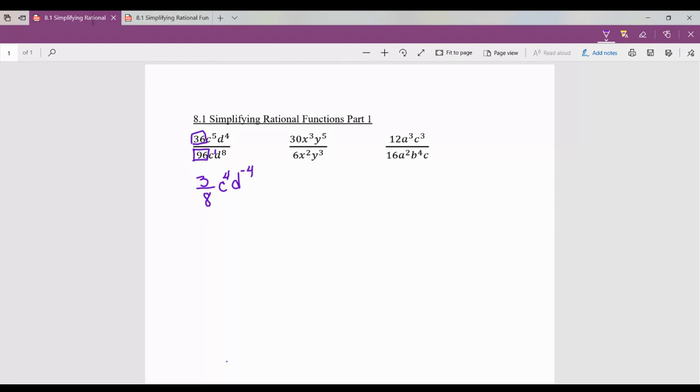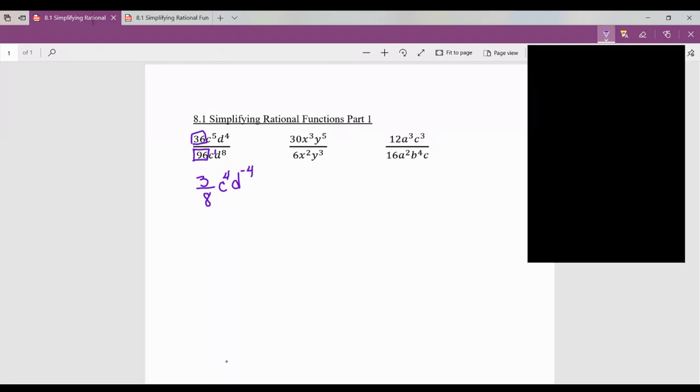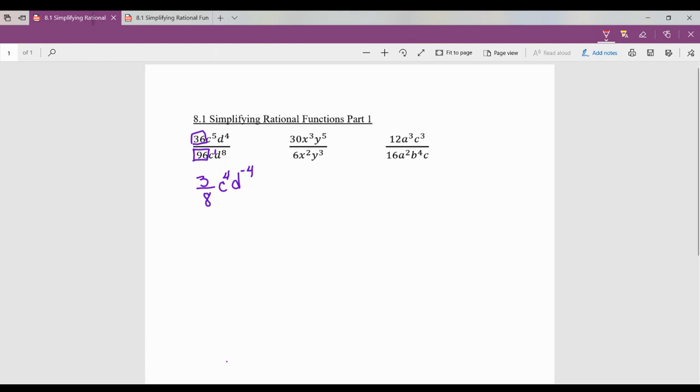All right, and then remember, we're not allowed to have those negative exponents, so we relocate that d to the 4th. So we've got 3 over 8. We're going to put d to the 4th on the denominator. The c to the 4th is going to be with that 3. So we've got 3c to the 4th over 8d to the 4th.